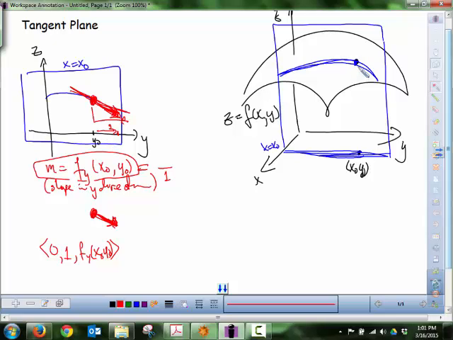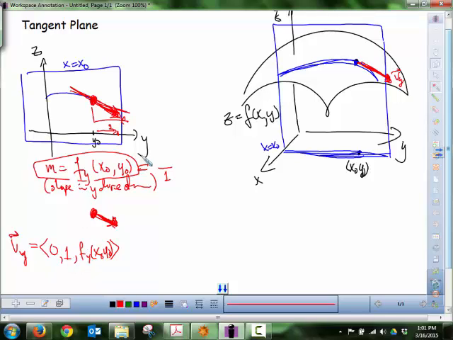So this vector here is a vector tangent to the surface going along the y direction. Let's call it Vy. Remember, no movement in the x, so that's 0 in the x.